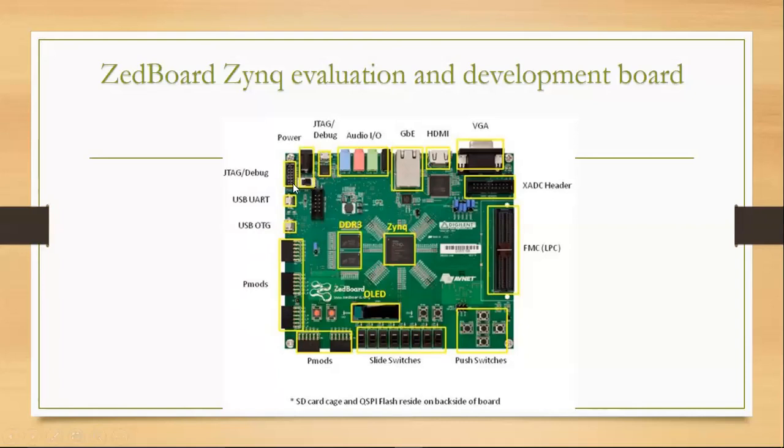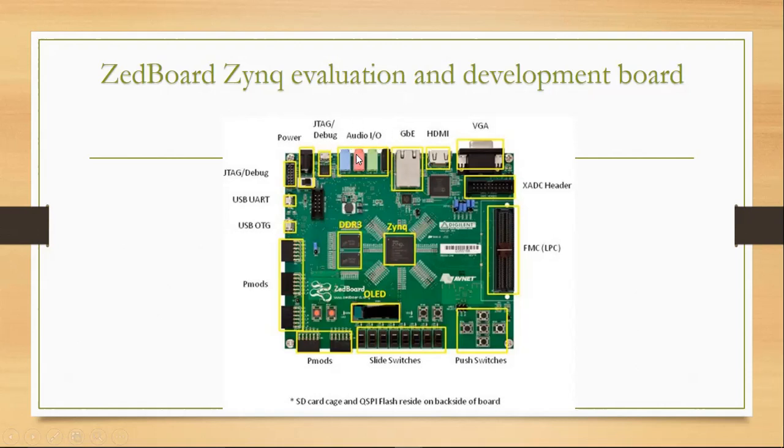This is the power switch and this is the power connector, and this JTAG and debug pin is used to connect the system to the board. By using this cable, we can load our bit file into the FPGA. These are all called audio input output pins.